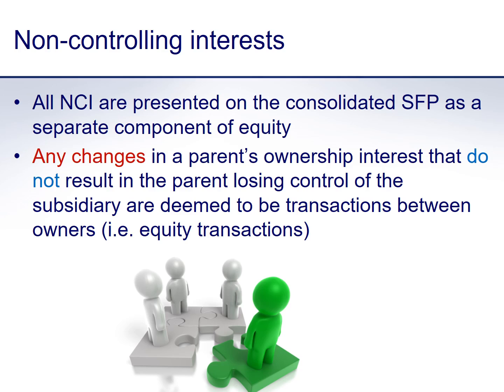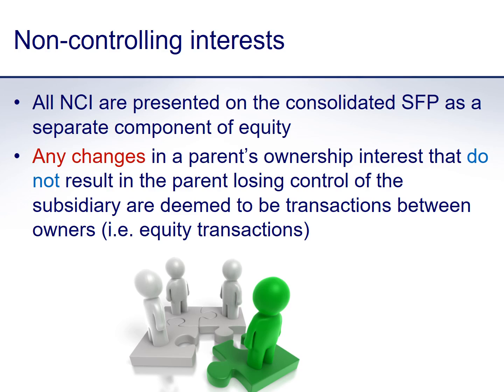This non-controlling interest, by virtue of the fact that it's an equity component, means that any transactions between non-controlling interests and the parent company are accounted for as equity transactions, meaning that if a parent has control, so let's think of an example where a parent has, say, 60% of a subsidiary, the other 40% is represented by non-controlling interest.